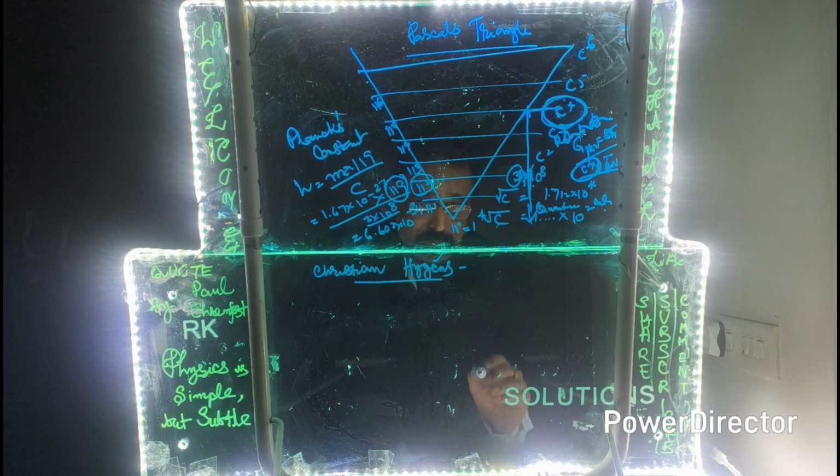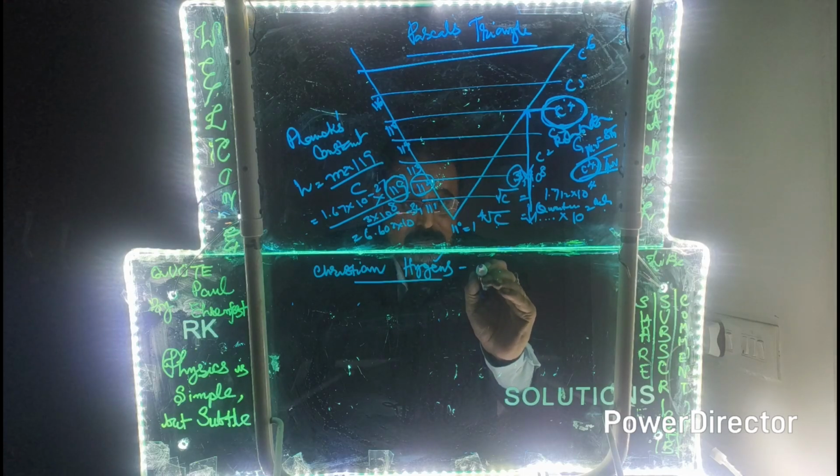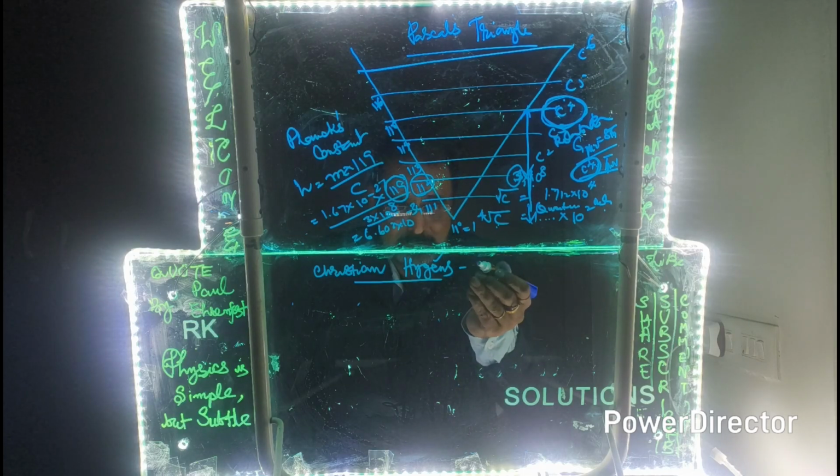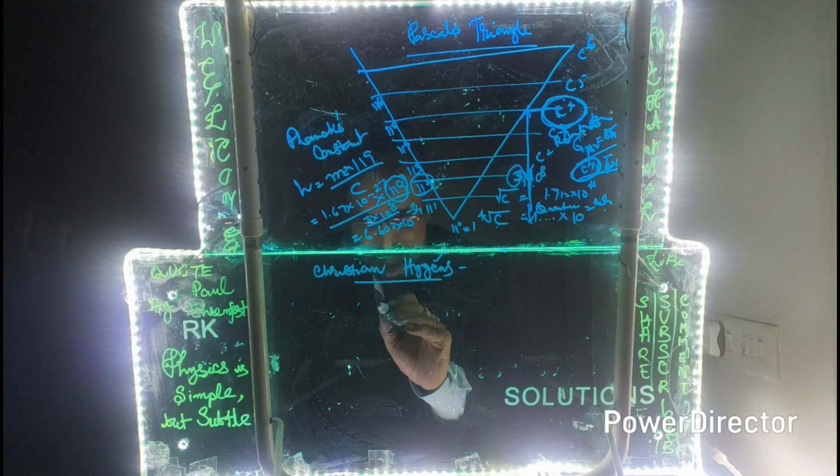Christian Huygens came up with one theory, basically called Huygens' law.